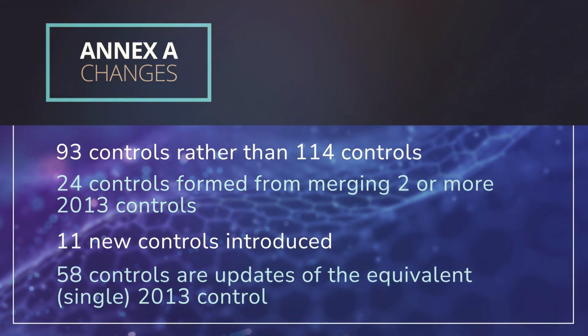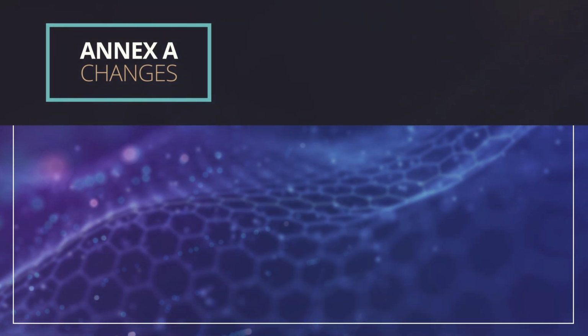And of course we'll be talking about these new controls and the new guidance associated with the existing controls in future videos. In addition to the mergers and changes, the numbering and structure associated with the controls in Annex A has also been changed.